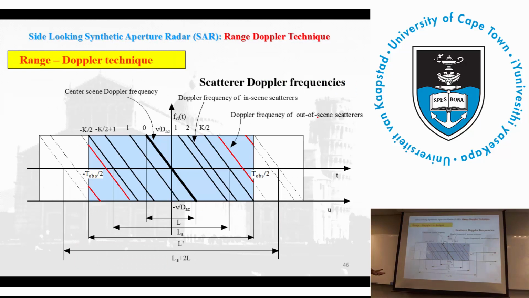So in terms of how these Doppler frequencies actually look, there's not much difference with what was happening before. We're just extending the observation time, and we are allowing many more scatterers to be fully illuminated by the antenna, by the radar, so that we have, from this point to this point here, the LS that we had before.